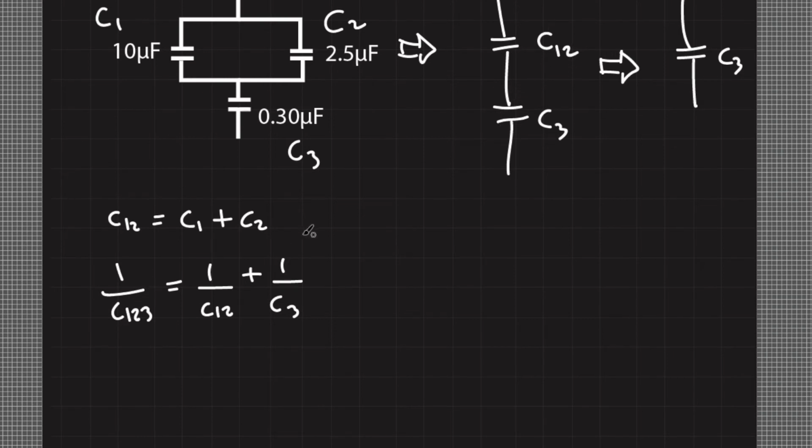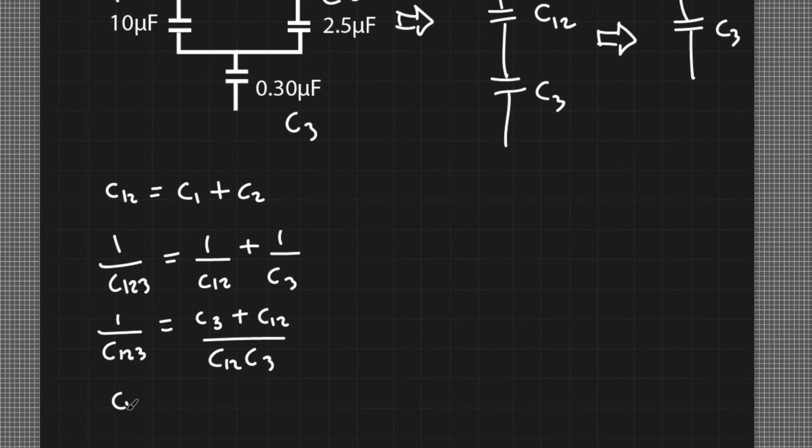Simplifying this expression, 1 over C sub 1,2,3 equals C sub 3 plus C sub 1,2 over C sub 1,2 times C sub 3. I'll end up with C sub 1,2,3 equals C sub 1,2 times C sub 3 over C sub 3 plus C sub 1,2.